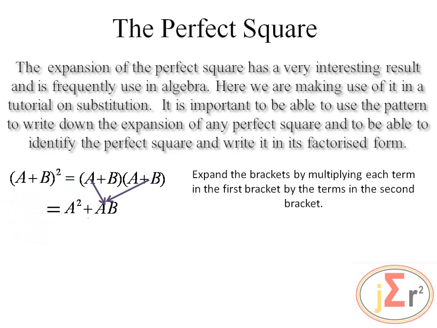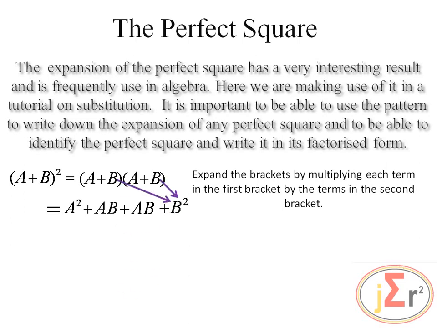A times b is equal to ab. B times a is equal to ba. ab and ba are like terms. Therefore, we may write one exactly as the other, and we are choosing to write the letters involved in that term in alphabetical order.